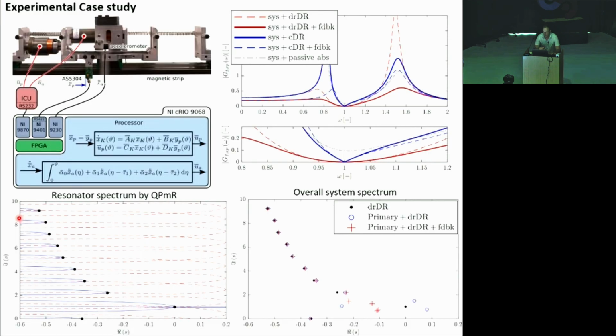So these are the results. We tested it on an improved setup. Now you will see the newer version of the previous one, and here is the implementation. Both the dynamic controller as well as the distributed delay are implemented in a National Instruments CompactRIO using LabVIEW.